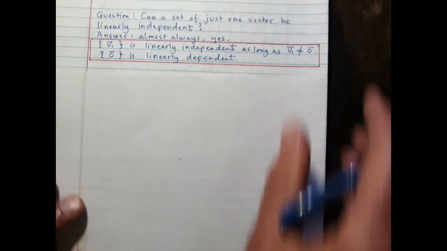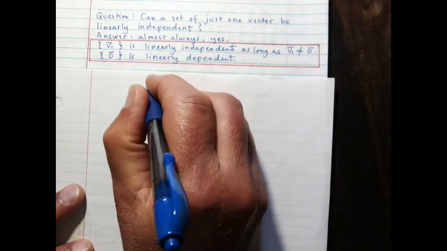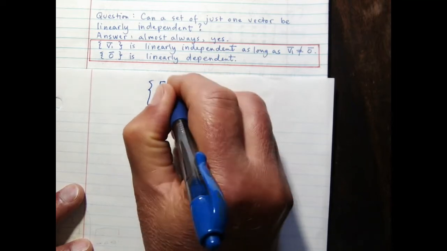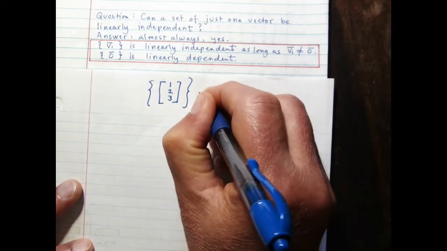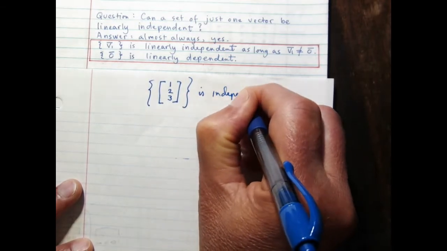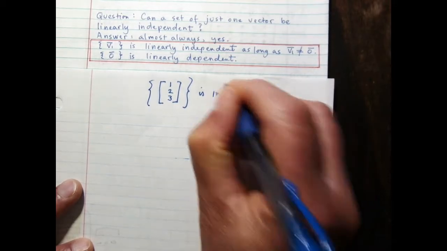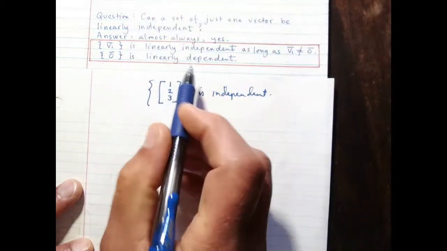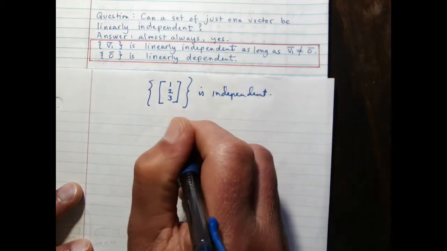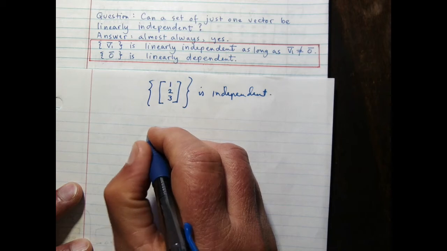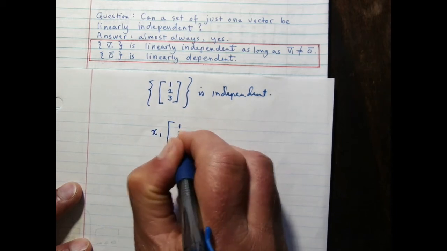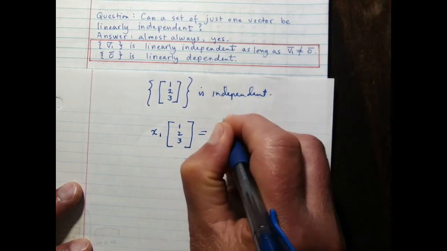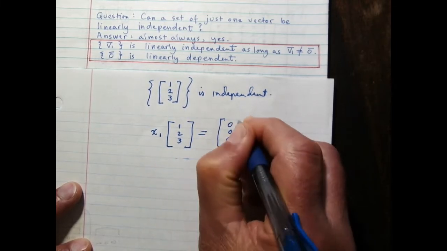I don't have any examples on the handout, but let's just pick a vector like (1, 2, 3). That is an independent set. To relate this to the original definition of linear independence, all you can do is take x1 times (1, 2, 3) and say that comes out to be 0.